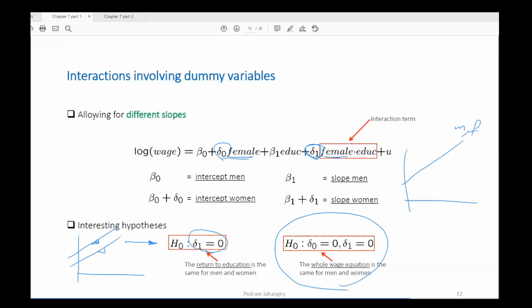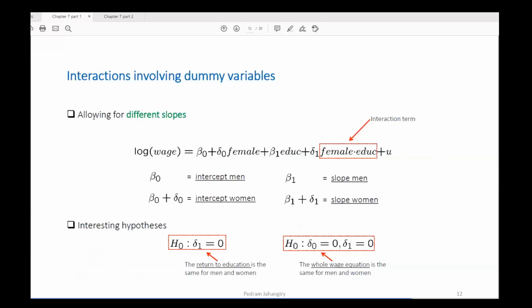And I hope that's the case, right? This is one question, and you can also ask if the slope alone is going to change or not. You can ask many different hypothesis questions, but these are the most common ones. First, if the return to education is the same for both male and female. And secondly, if gender matters or not at all.